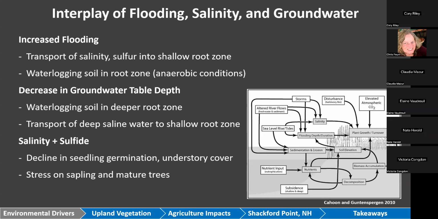So when we think about environmental drivers, or what is actually driving salt marsh migration, it usually can be boiled down to 3 factors, which are increased flooding, a decrease in the groundwater table depth, as well as a few chemical properties such as salinity and sulfide concentrations. And this is all derived from increased sea level rise over time.